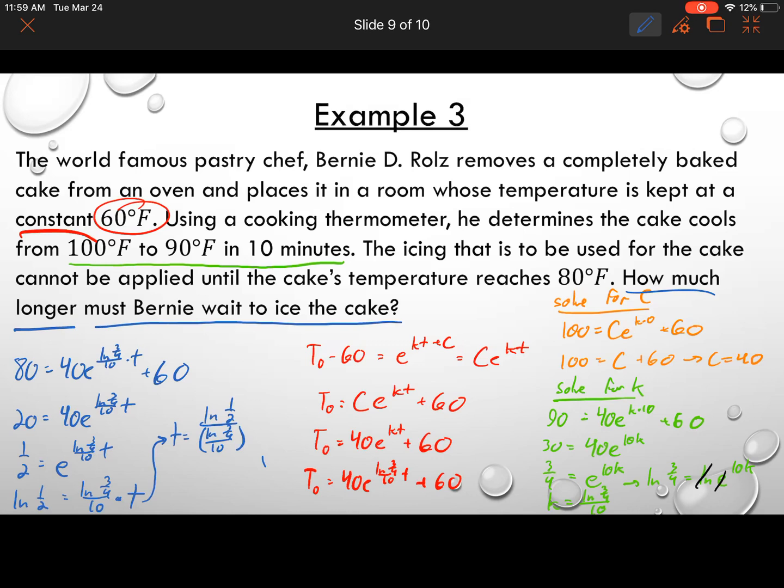If we round to 3 decimal places, you should get 24.094 minutes. So that's how long it will take for the cake to cool to 80 degrees. That's the point in time when Bernie can finally ice the cake.